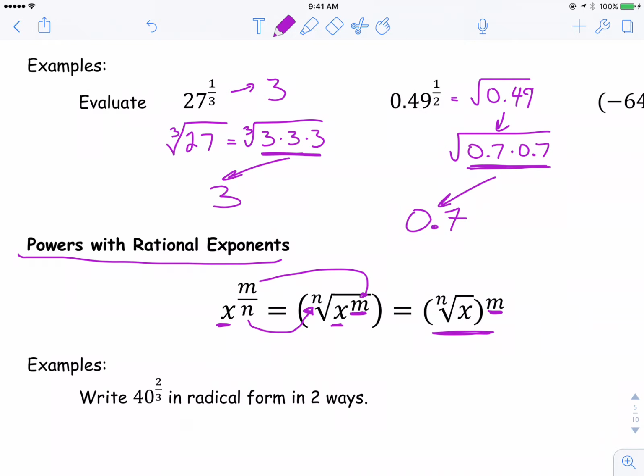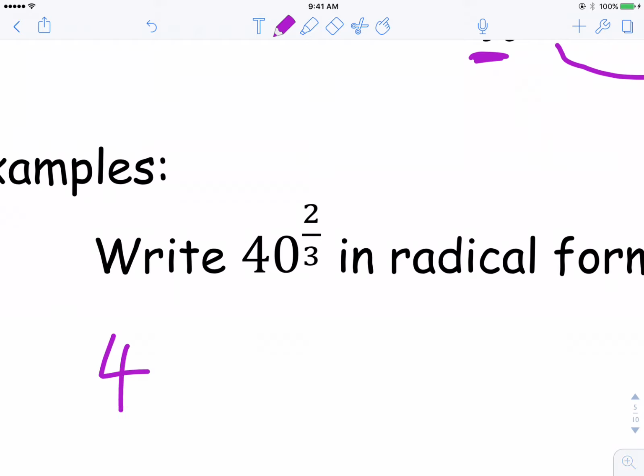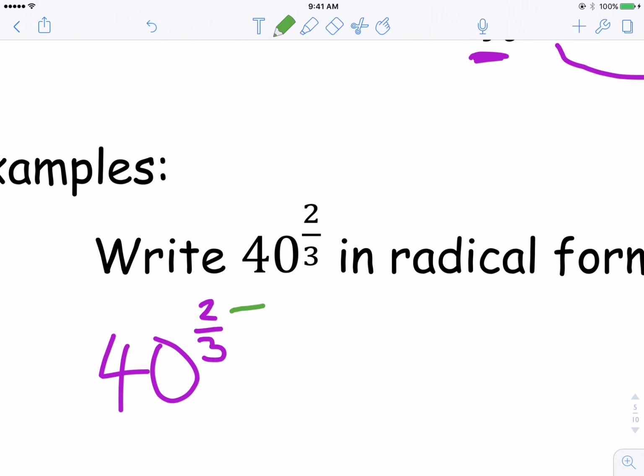Write 40 to the power of 2 over 3 in radical form in two ways. So 40 to the power of 2 over 3. Remember, the 2 is our power, or our exponent, and the 3 is our root. Okay.